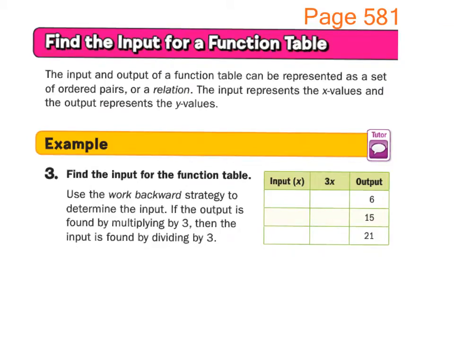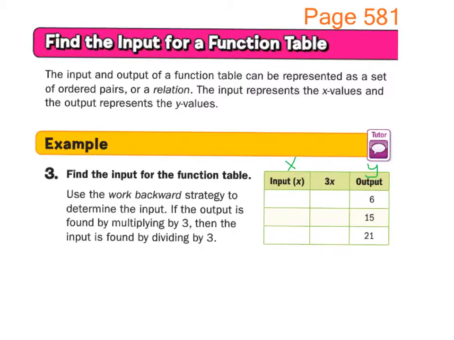All right, so let's find the input for a function table then. Just like we did back on the front, where I worked backwards, we can do the same thing in a function table. So this is our x value, and now we're going to say that the output will be represented by the letter y.